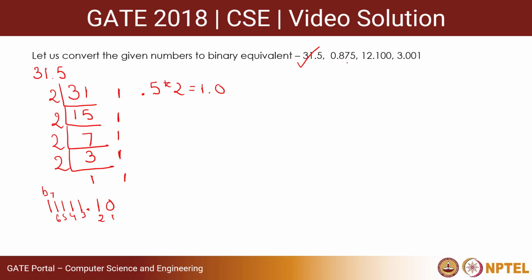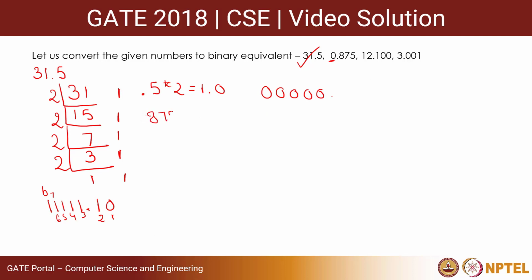Let's look at 0.875. For 0.875, the integer part is 0, so that is nothing but 0, 0, 0, 0, 0 point. Let's convert 0.875 into binary.